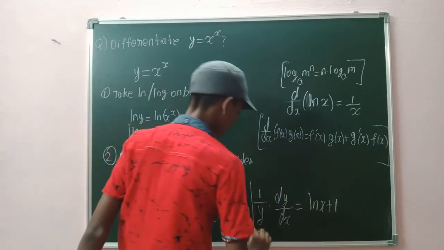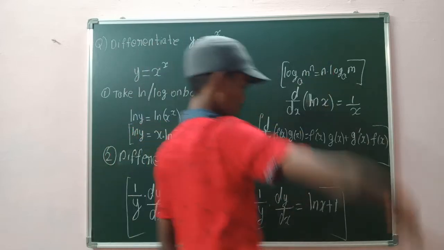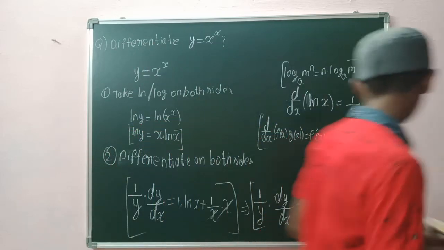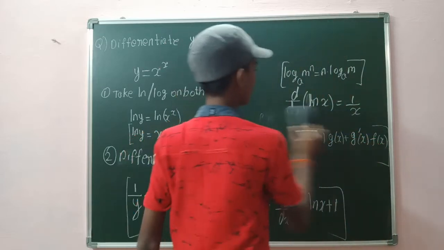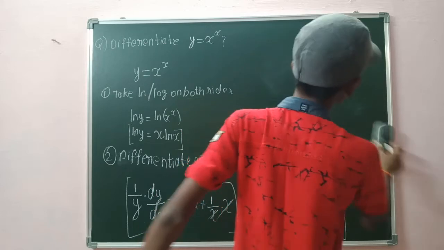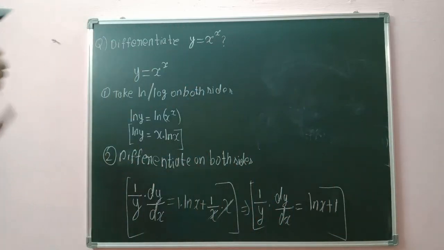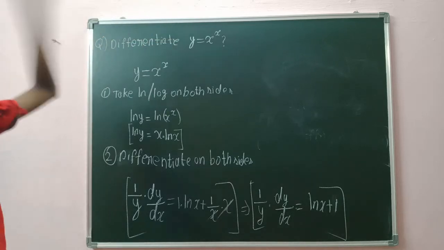Now, after this, the question is very simple, and this is the kind of equation that you will be left with. Please remember all these particular formulas, and only then can you understand the question very well. Think carefully what is being asked in the question. The question is, differentiate y is equal to x power x.